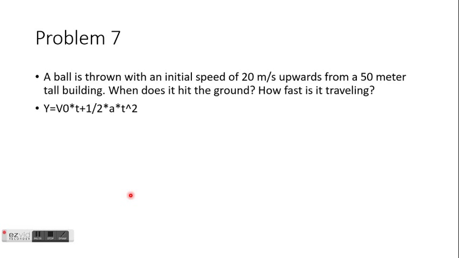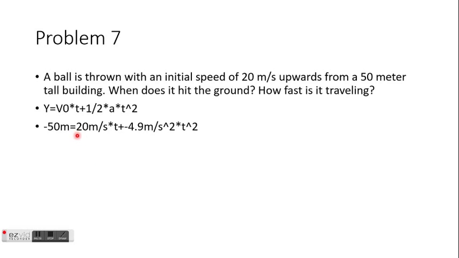So again, we have to remember to set up the negative. I usually use down as negative, but you don't have to. And so it's important to note right here, the negative 50 meters. The ball fell 50 meters. It didn't rise, so you have to put the negative.